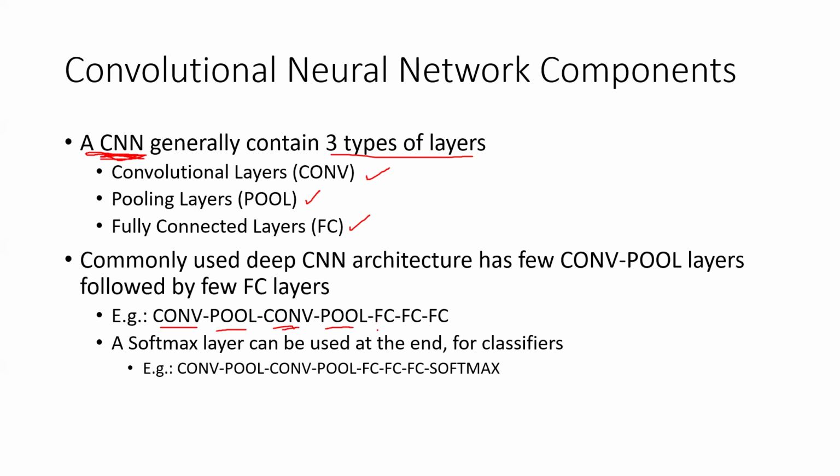Then we finish with a sequence of fully connected layers at the end. That is the common way of implementing a convolutional neural network. For classification, we can use a softmax classifier at the end: fully connected layers, and finally the softmax layer to give the classification value.